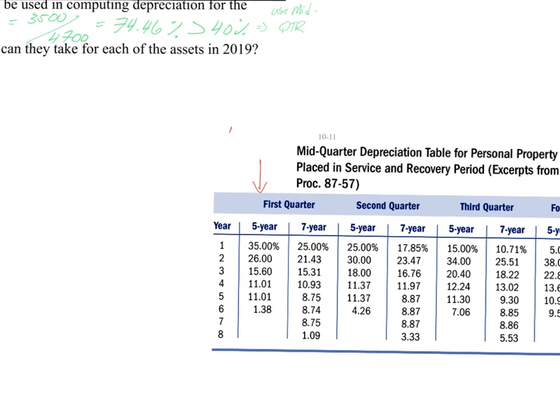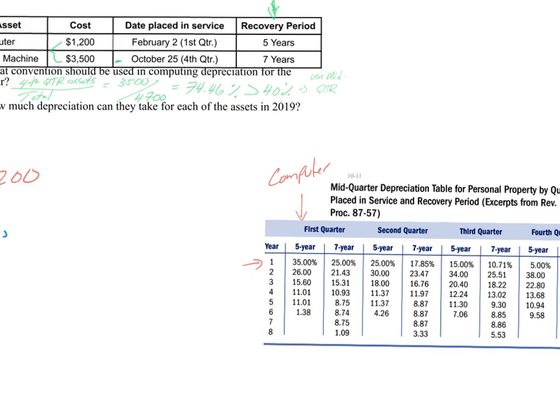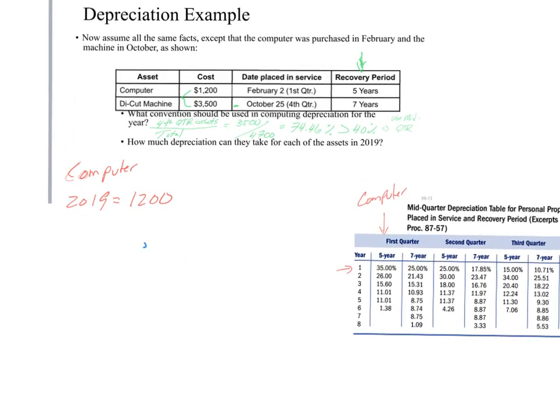So the computer, we enter right here at this very first column. And so our year one percentage is 35%. And so our year one depreciation is $420.